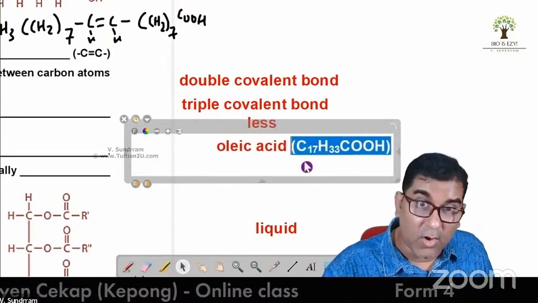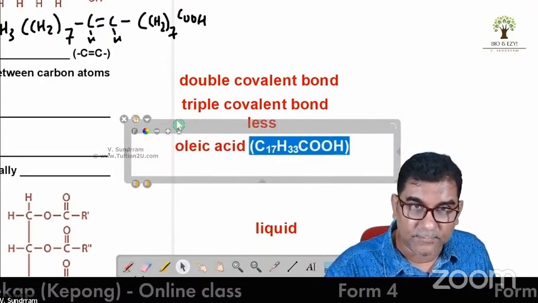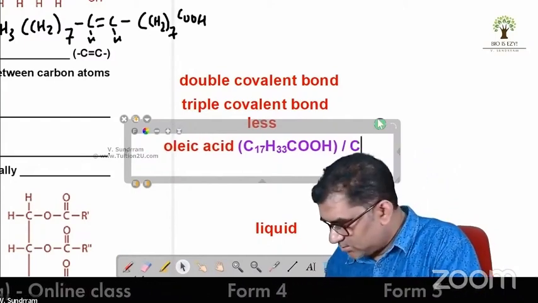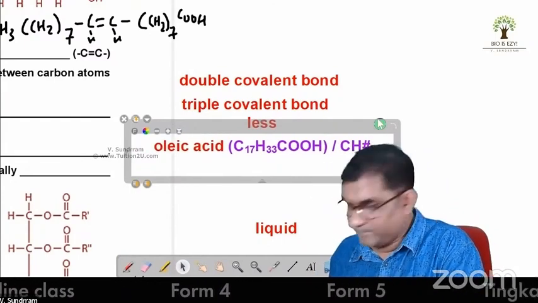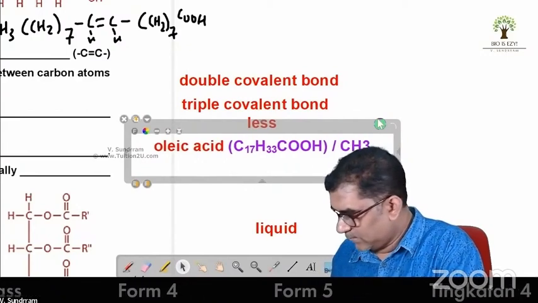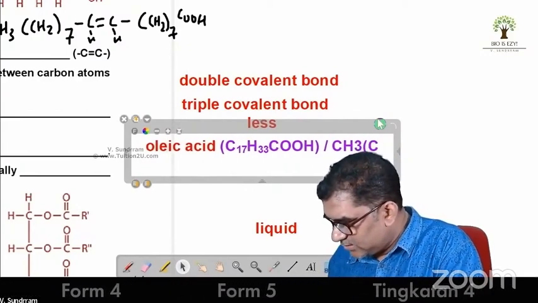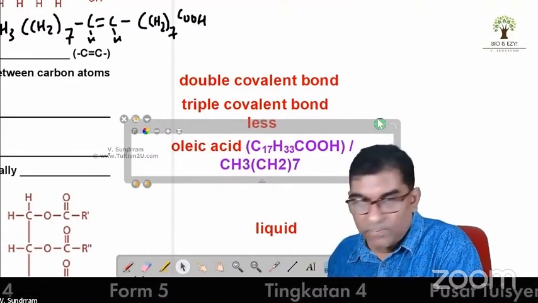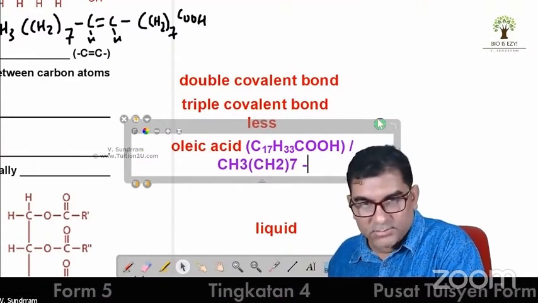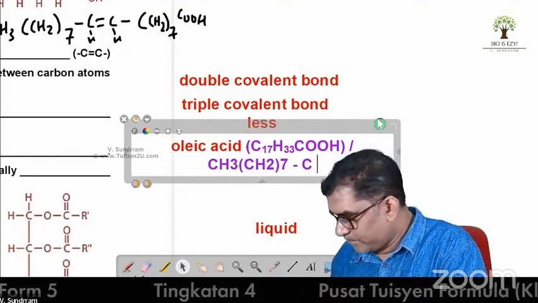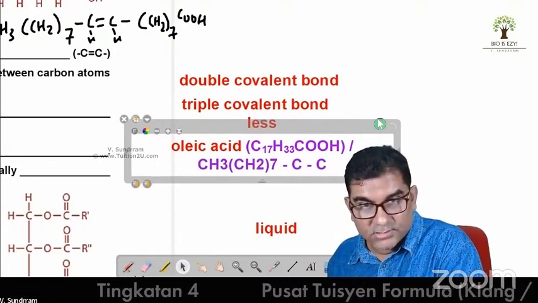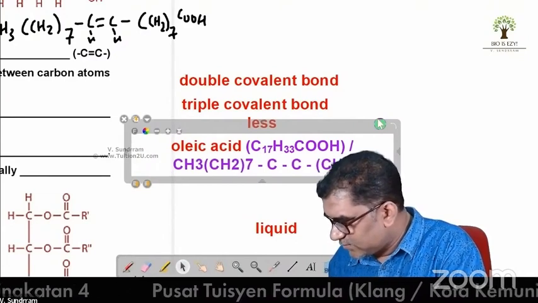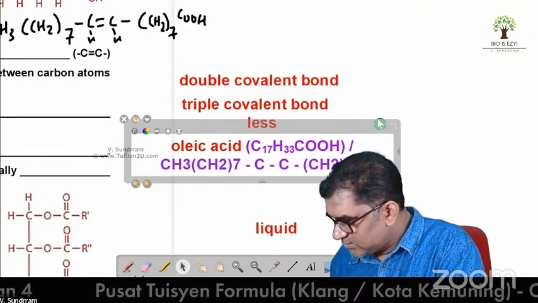Okay, now the long formula. CH3 in bracket CH2 in bracket 7, dash C dash C dash in bracket CH2 7 close bracket 7 COOH.